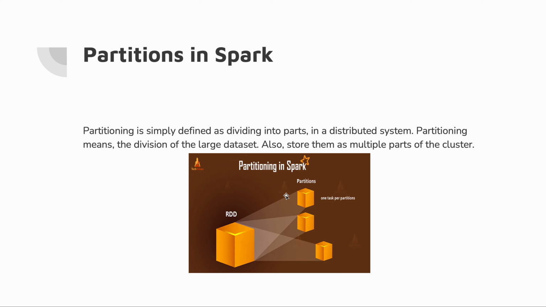So based on the resources that are available, like the number of cores and the amount of space, Spark automatically partitions the data from a big file into small files, and sends that small data to each and every executor, and the rest happens from there.